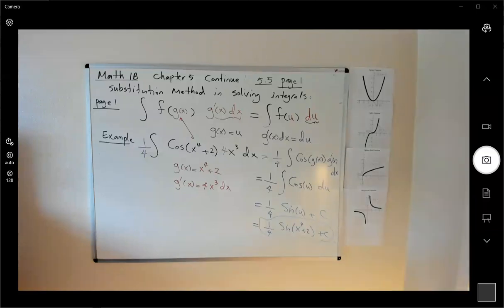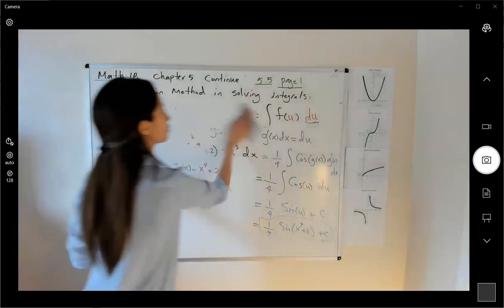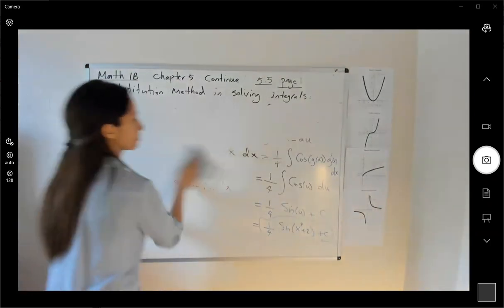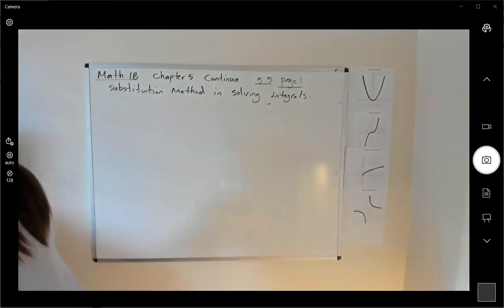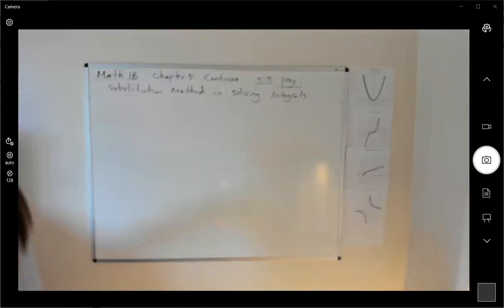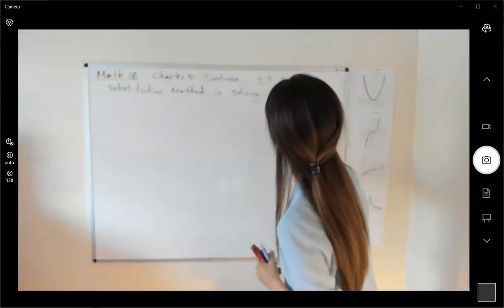Okay, perfect. So let me write the general things that you need for the u sub method here for you. So in general, we can use the u sub method for the following.